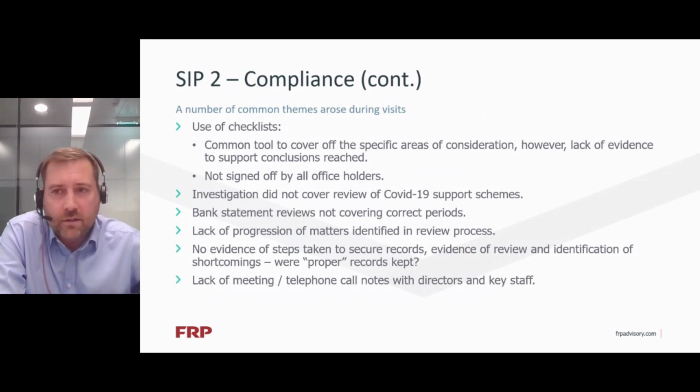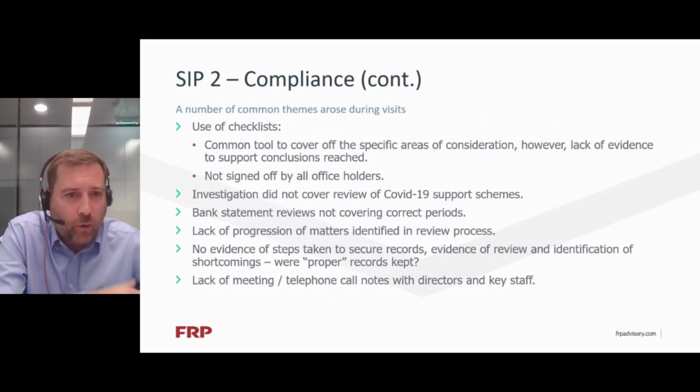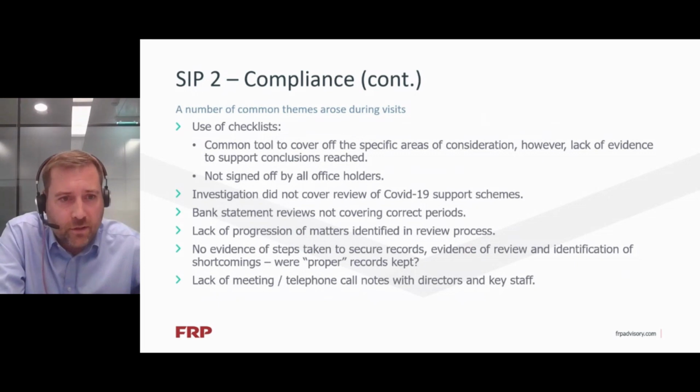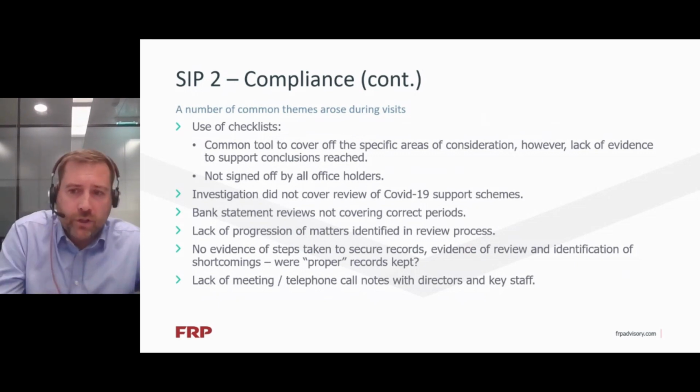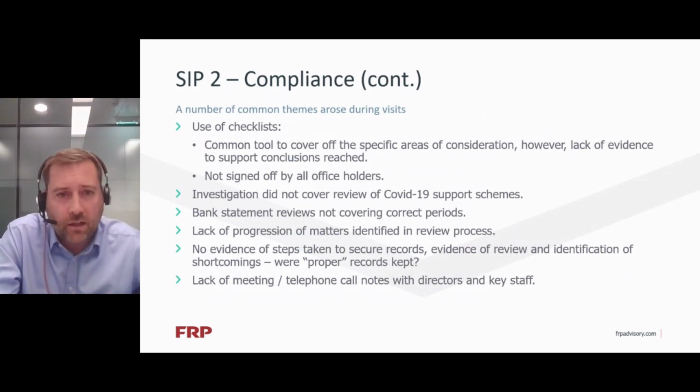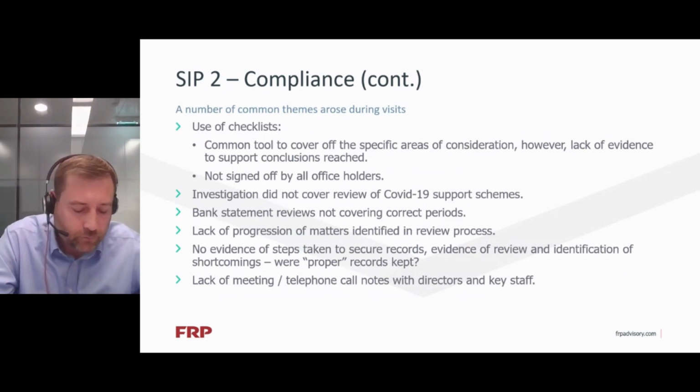For instance, if there's a question, was there any evidence of unfair preferences, answered yes or no, where it's answered no, what evidence is there on file to show how you reached that conclusion? How do you link the decisions made in the checklist back to the file?